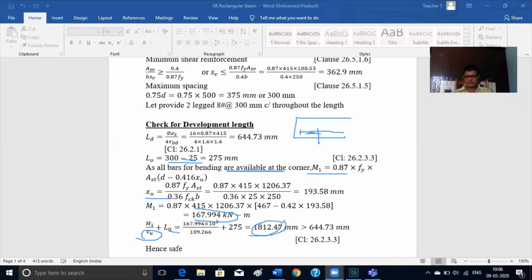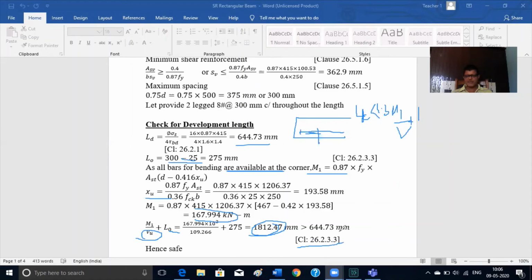millimeter. So that means your Ld, what is the equation? Ld shall be less than, you please refer to your earlier lectures on development length, Ld shall be less than 1.3 M1 by V plus L0. So in this you will find clause 26.2.3.3.